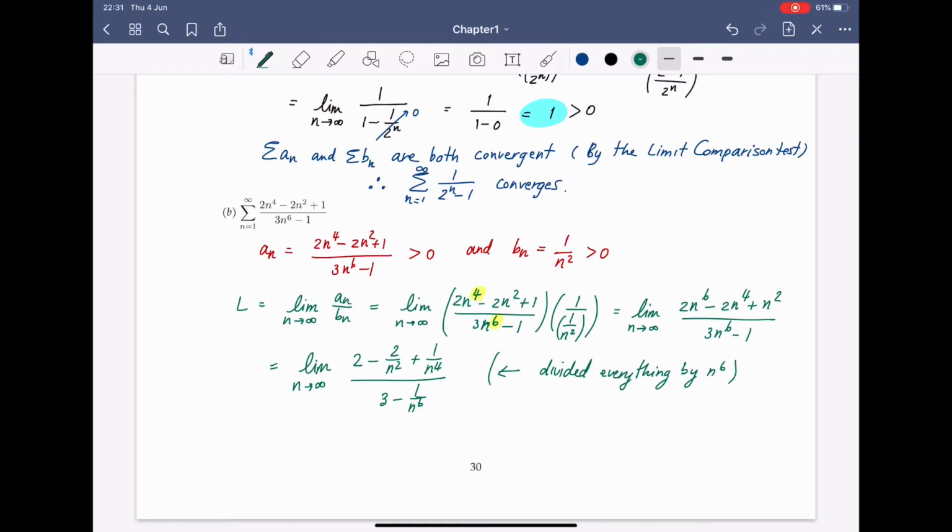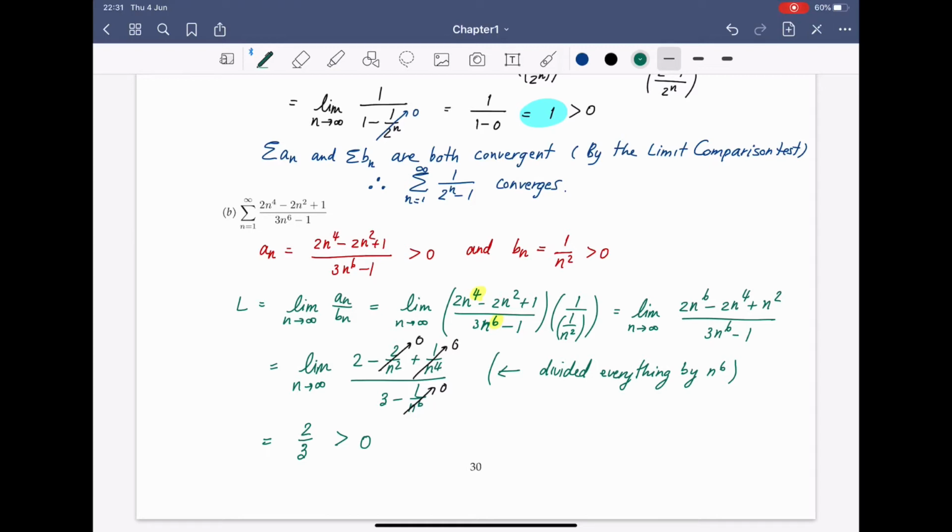And now I have 2/3 as my limit because this goes to 0, this goes to 0, this goes to 0. And once I get 2/3 as my limit, you can see that this is bigger than 0. So it means the summation of an and the summation of bn are both convergent or both divergent.